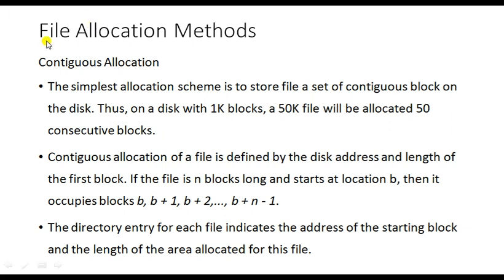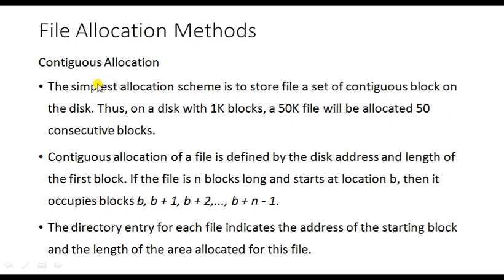So here we are going to discuss file allocation methods. Earlier we discussed file accessing methods, which tell how the operating system and file handler access the file content. But here, allocation means how the file handler and the operating system allocate the files created by the users. Suppose I want to create a notepad file or a C file.